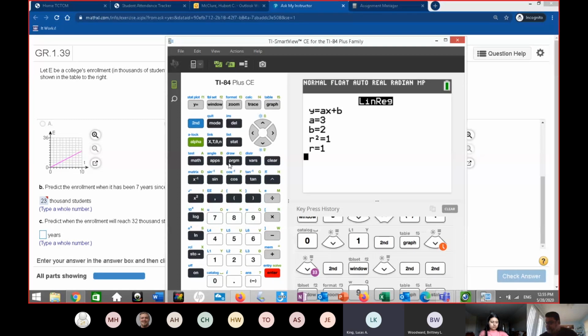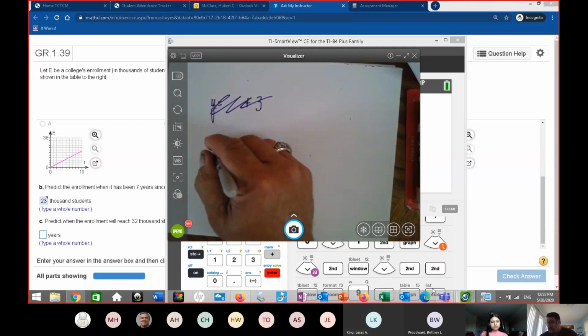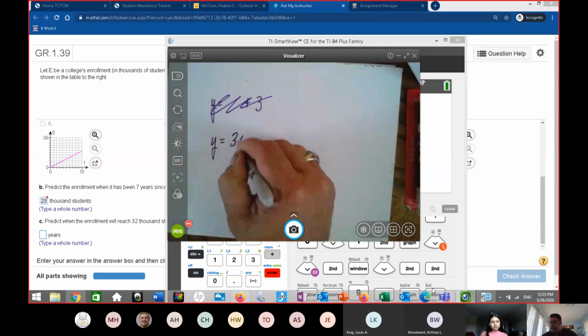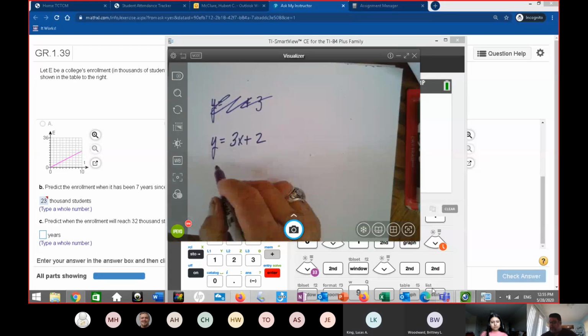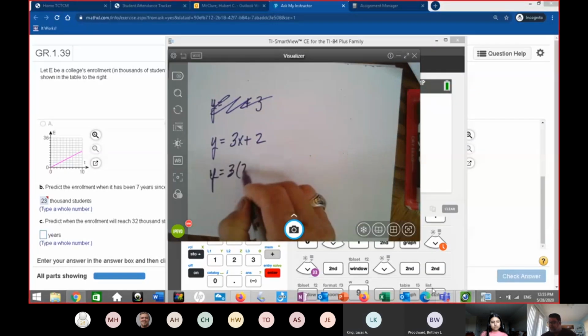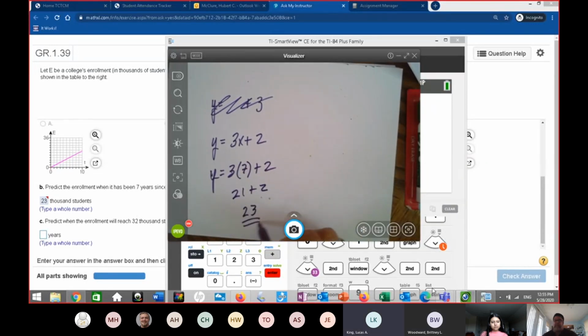I'm sorry, 3x plus 2. So your formula is y is equal to 3x plus 2, and they want to know 7, right? So y is equal to 3 times 7 plus 2, which is 21 plus 2, which is 23.